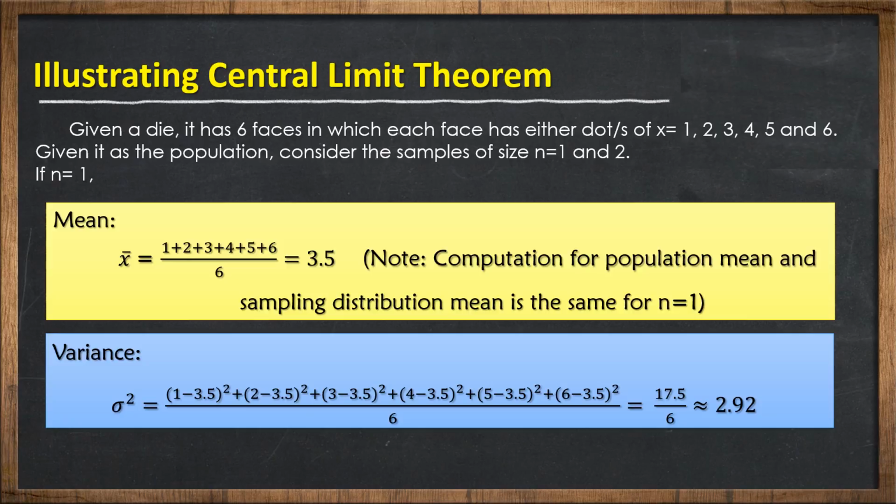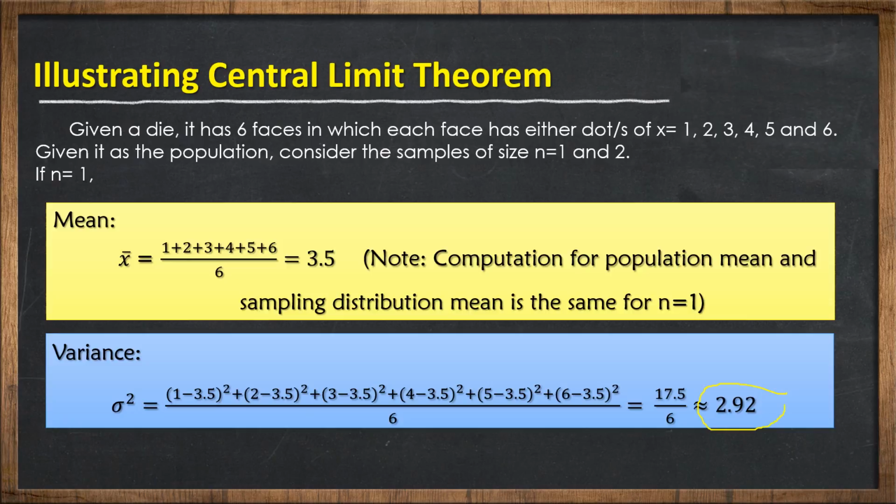If n is equal to 1, for us to get the mean, we add 1, 2, 3, 4, 5, 6 over 6. Then we get 3.5. So, note, the computation for population mean and sampling distribution mean is the same for n equal to 1. For the variance, we get 2.92.